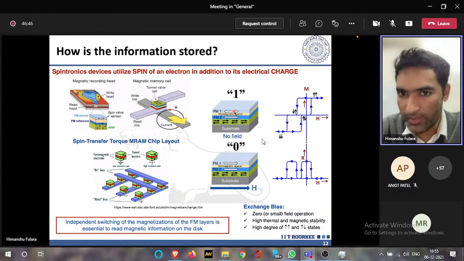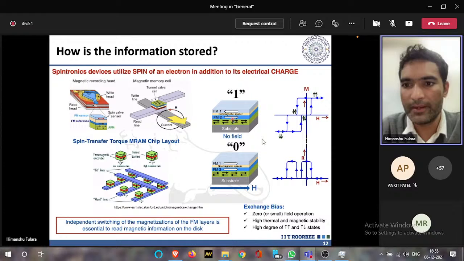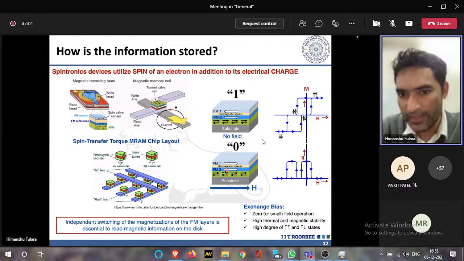You can lock the magnetization of the upper ferromagnetic layer, or you can lock the magnetization of the bottom ferromagnetic layer. This green layer, which is the antiferromagnetic layer, locks the magnetization of the bottom ferromagnetic layer. So you see that in both configurations, the magnetization of this layer is fixed. That's why it is called the fixed layer, and this is called the free layer, because the magnetization can change in the top layer.